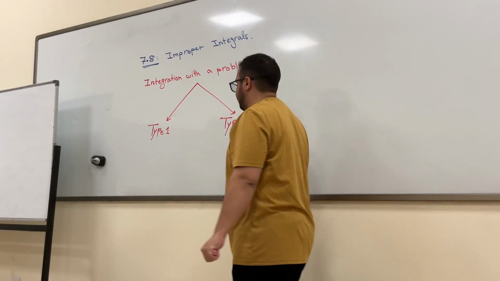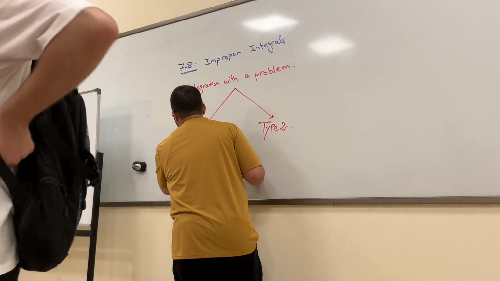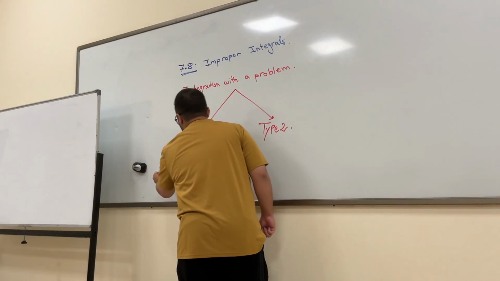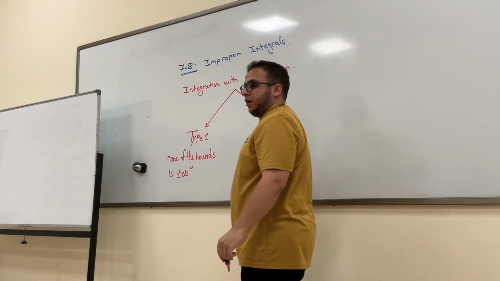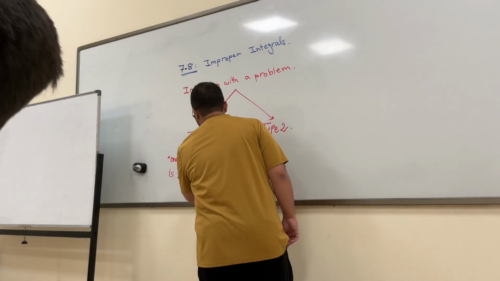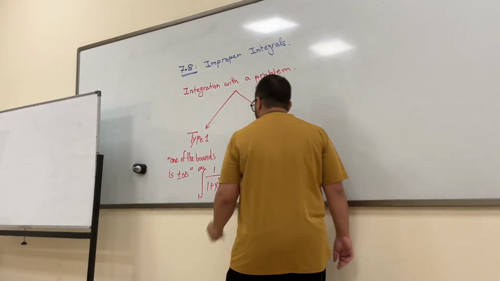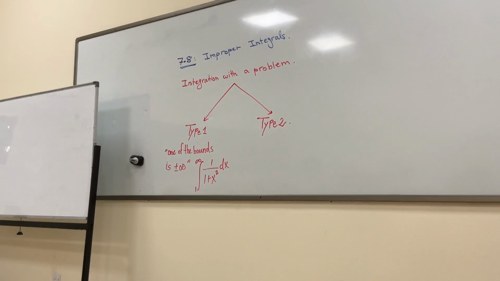Type 1, basically, at least one of the bounds is plus or minus infinity. So I have integration from 1 to infinity, 1 over 1 plus x squared dx. We call this a type 1 improper integration.